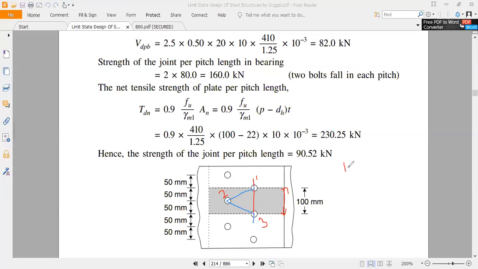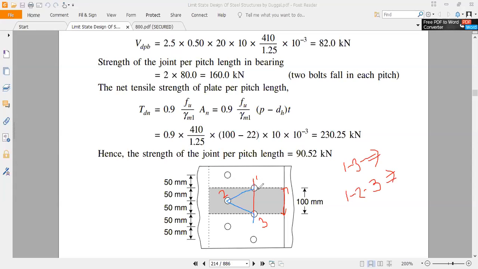Okay, so along 1 3 you can find the area, and then along 1 2 and 3 you can find the area. The lesser one will be the governing net section. Okay, and if you find, you will get that along this 1 3 the area will be the lesser one.